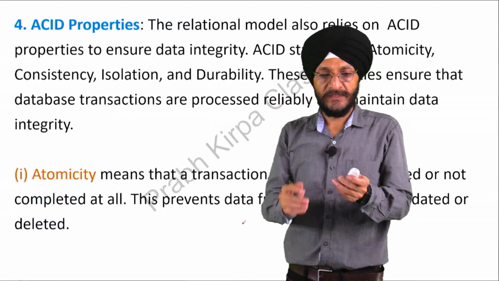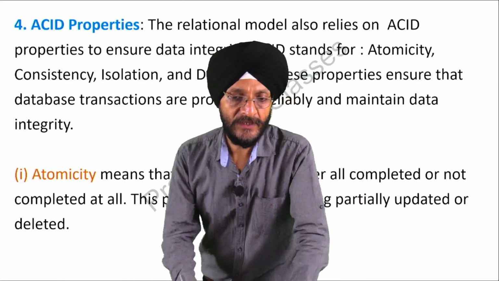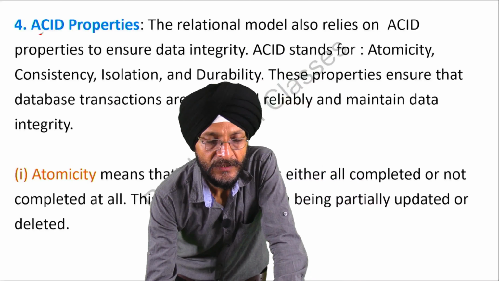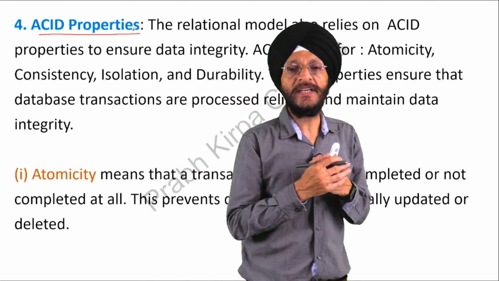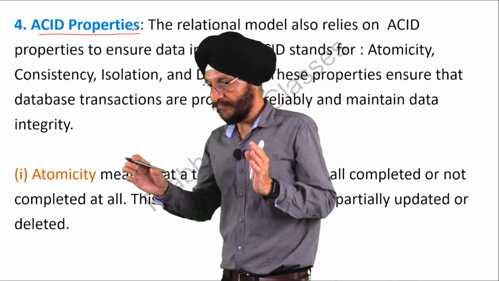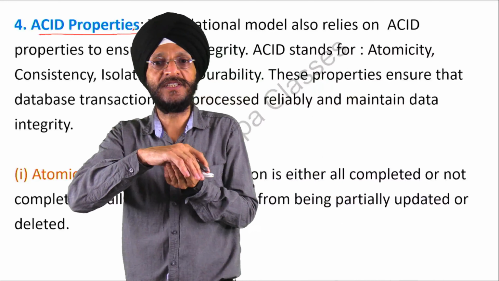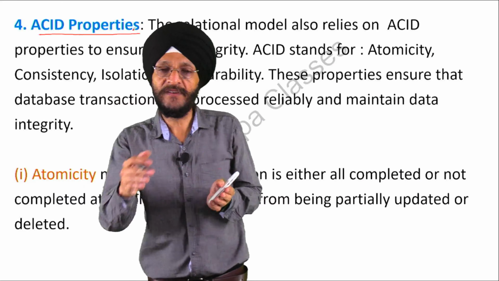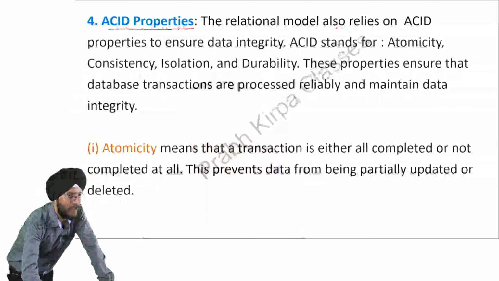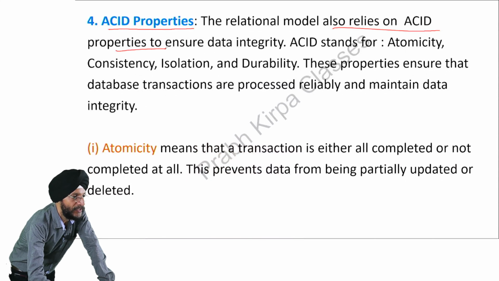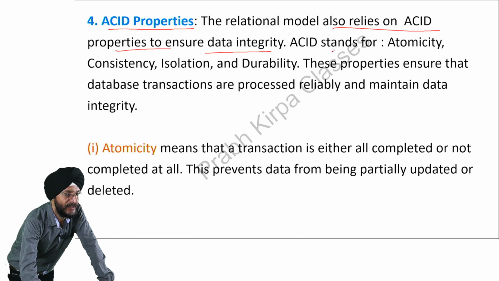Now we will discuss another property which is known as ACID properties, which are very important in DBMS. We have discussed the same in detail in our earlier courses. The relational model also relies on ACID properties to ensure data integrity.